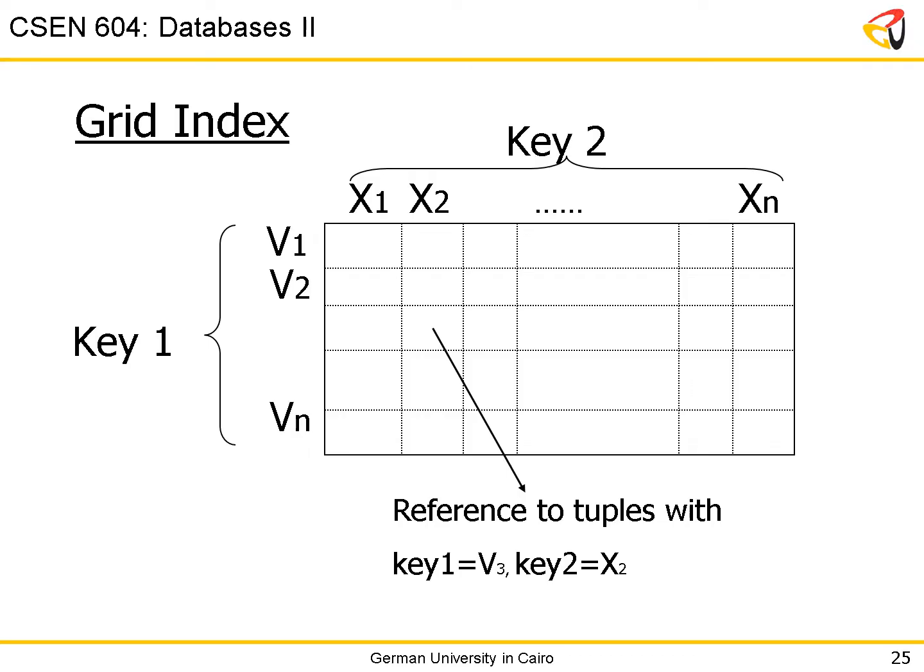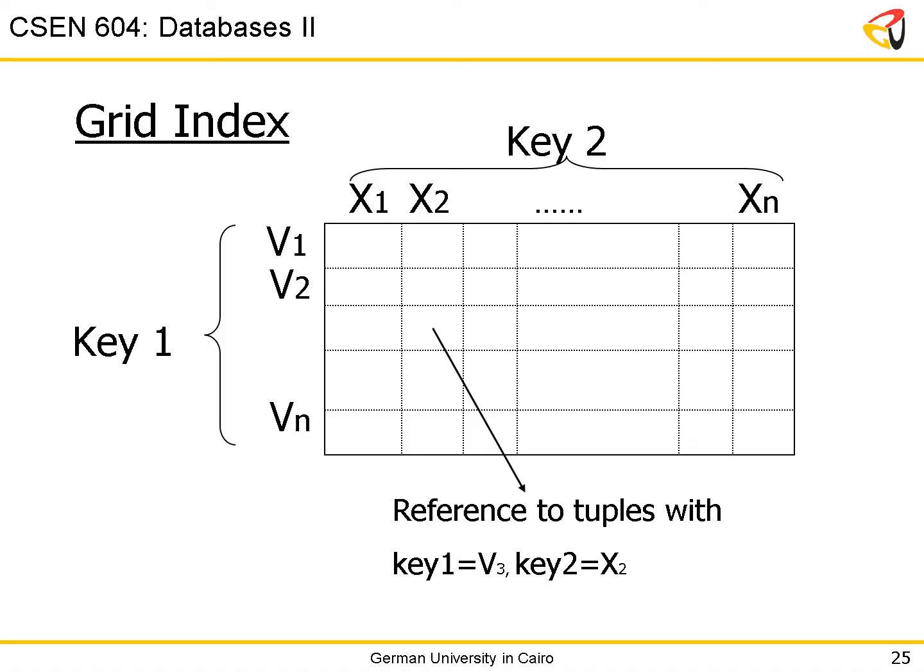So as you see here, I have two dimensions only. If we code this in Java or Python, this will be a 2D array, because I'm really building it on just two columns. In one dimension, I have values from the V column, and on the other dimension, I have values from the X column.